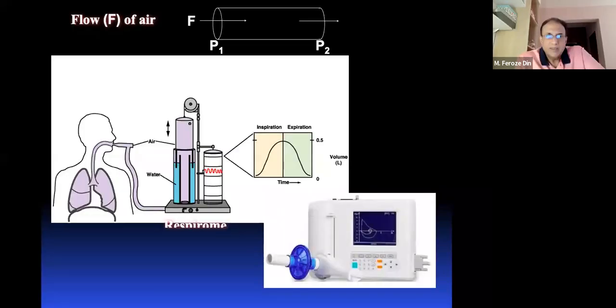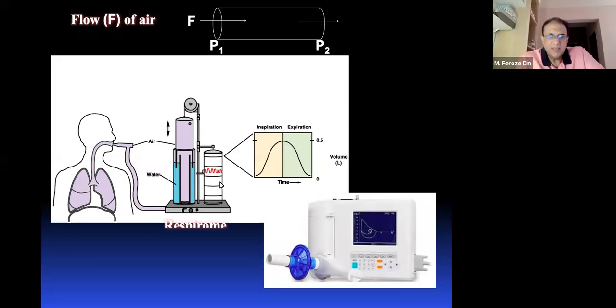These are some of the methods of measuring pulmonary volumes. Previously, we used the flotation spirometer, where you blow into a cylinder which floats, and as more air goes into the cylinder, that is connected to a pen.